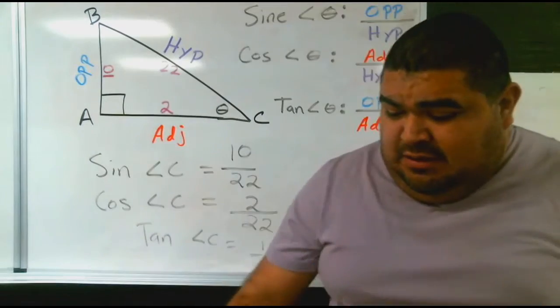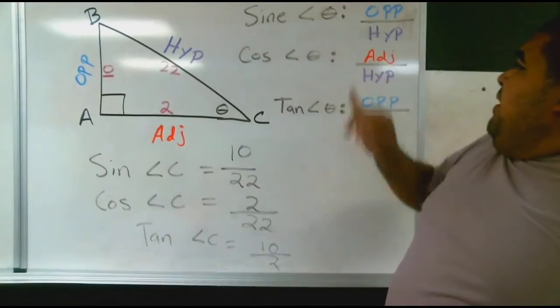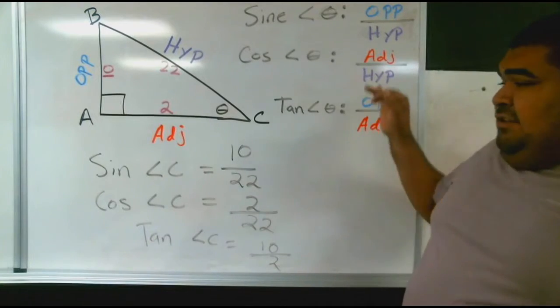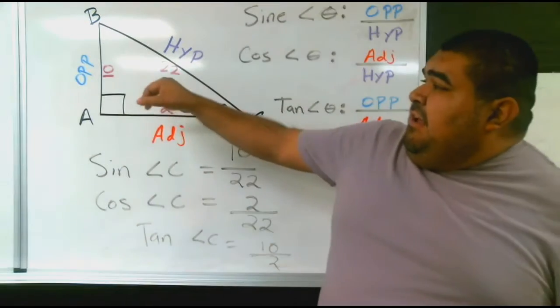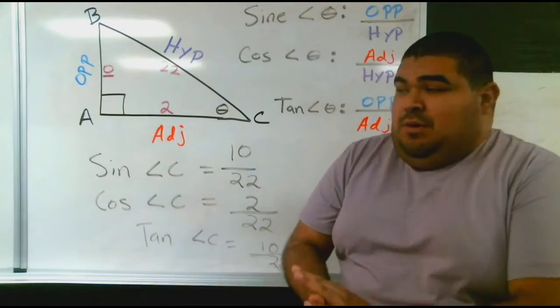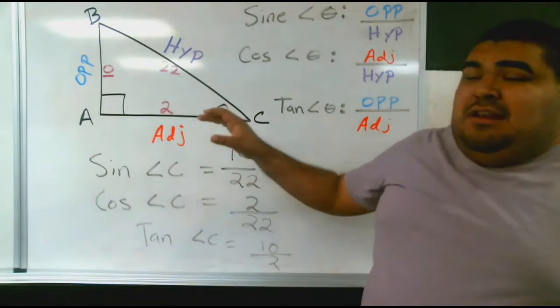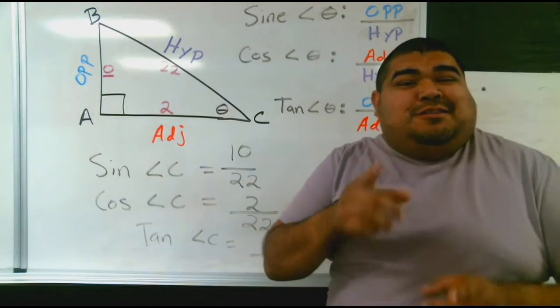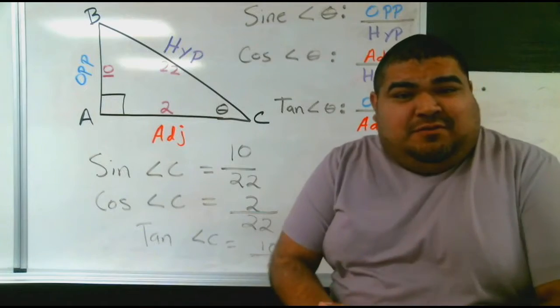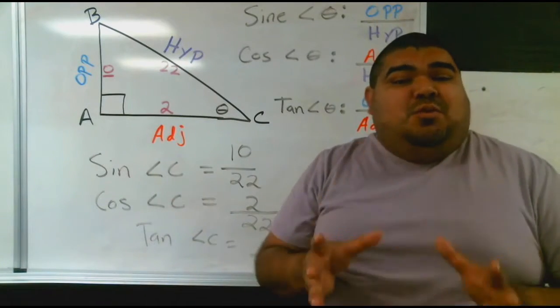Again, all we did was substitute actual values, given to us in the triangle, for opposite, hypotenuse, and adjacent in each of these rules. I'm going to do another one, where I draw another triangle and give you theta somewhere in there. This time you have to label it for yourself. Remember, these rules never change.